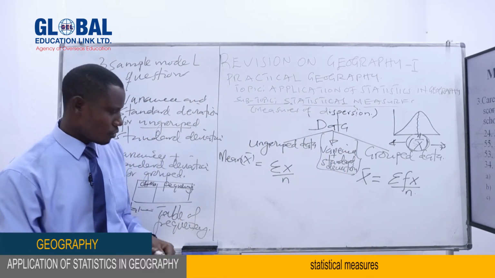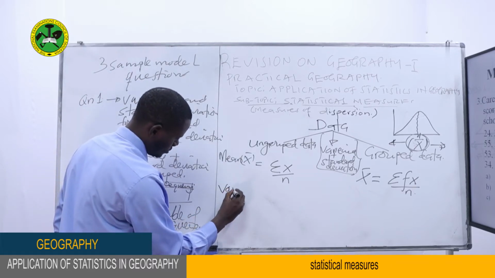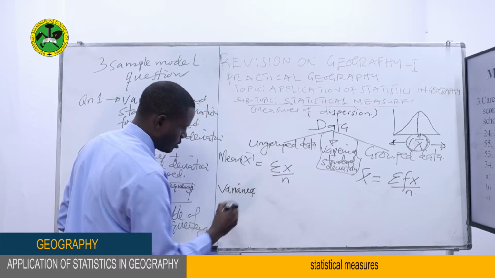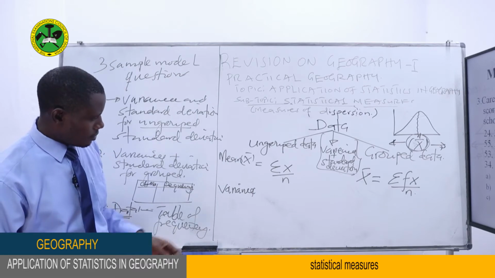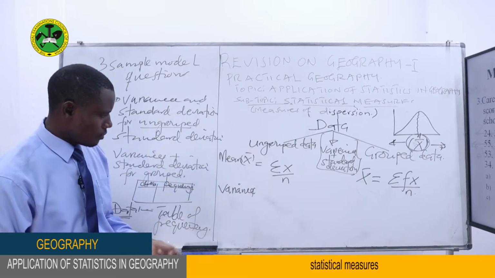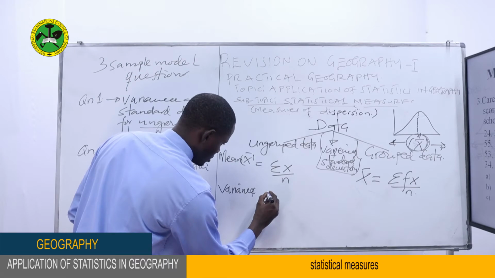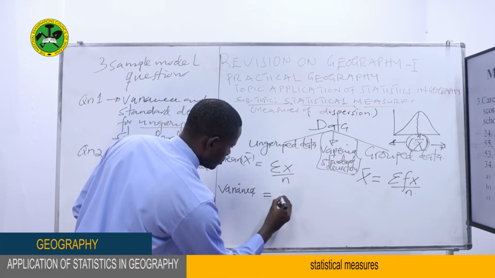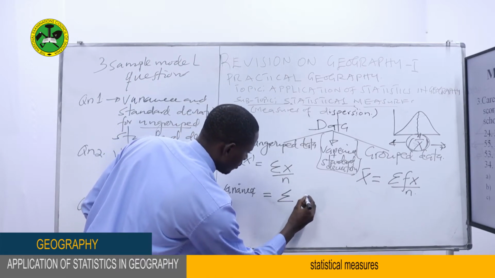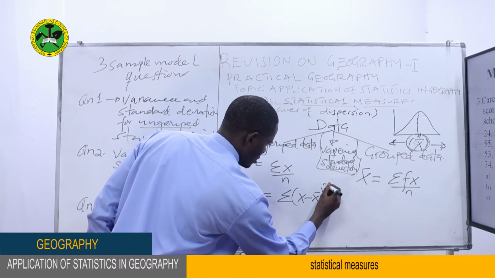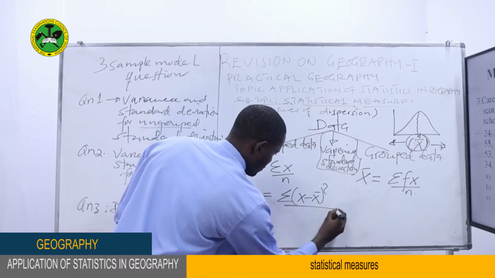Then again, because we're talking about the variance, the variance for ungrouped data, remember to recall, is given by the summation of x minus x bar squared, then divided by n.